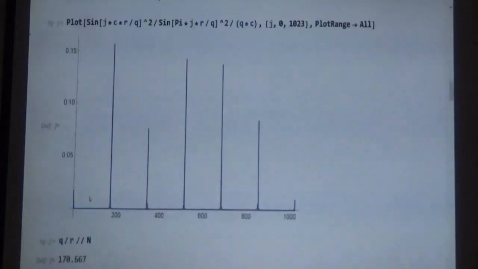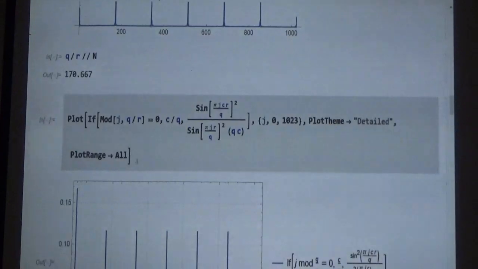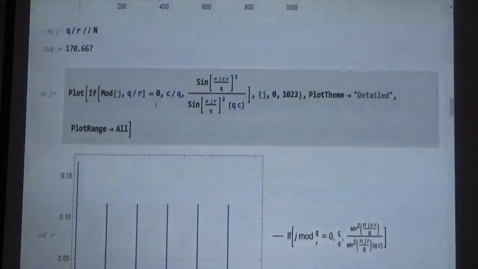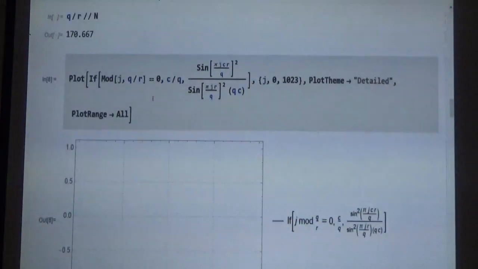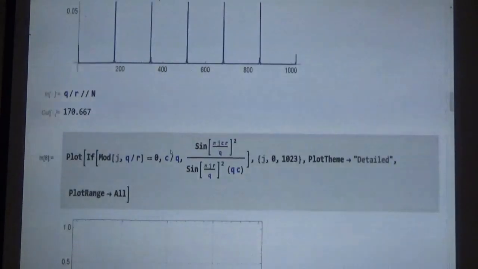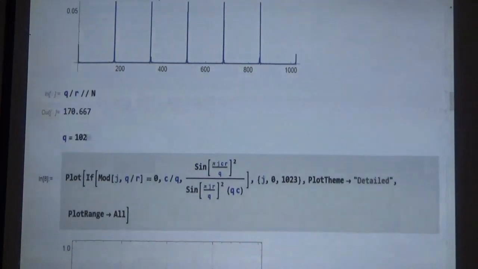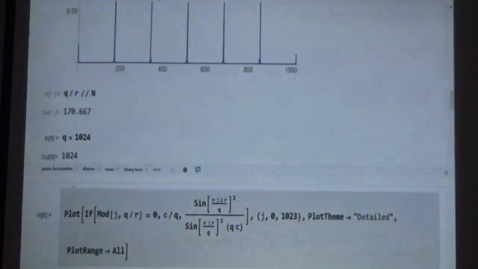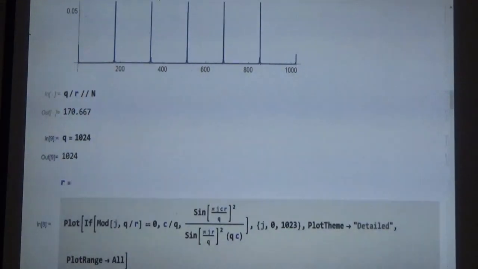This is my Q over R and so on. So let me show you what the sequence looks like. I need to write this. Q is 1024. My R is 6.